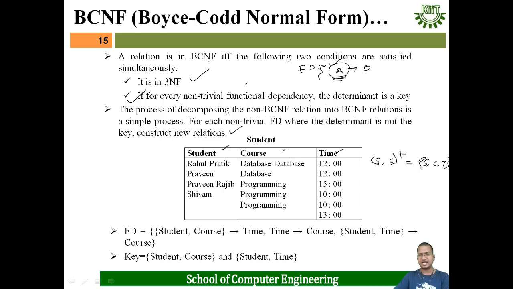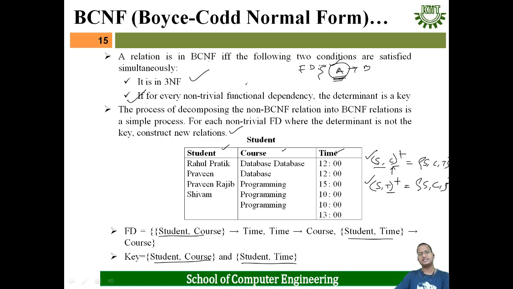Okay, then is there any other key present? Yes, course can be replaced by time. That means student and time closure is equal to student, course, time. That means these are the two candidate keys possible in this case. Then what are the key attributes? The key attributes are student, course, time. That means student and course is one key, and student and time is one key.